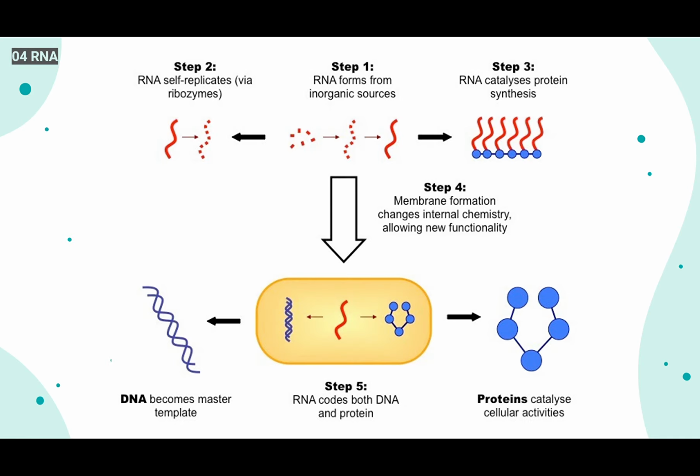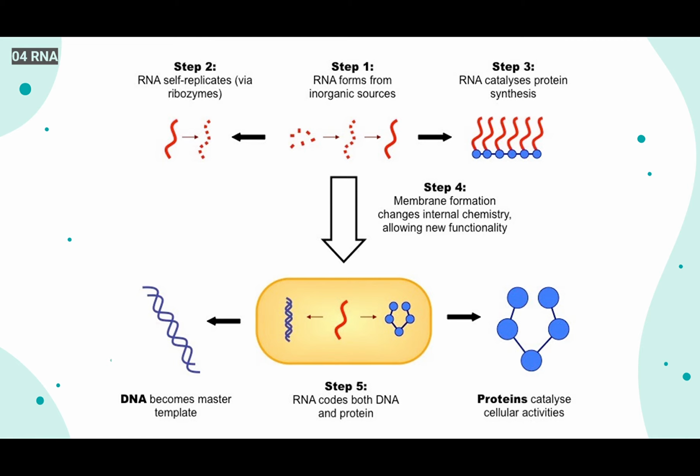We also have the so-called RNA world, and here are the steps that would come about for this RNA world hypothesis. It's still only a hypothesis. RNA can self-replicate, act as a catalyst, and act as a vehicle for information storage. First of all, RNA forms from inorganic sources and then self-replicates with ribozymes.